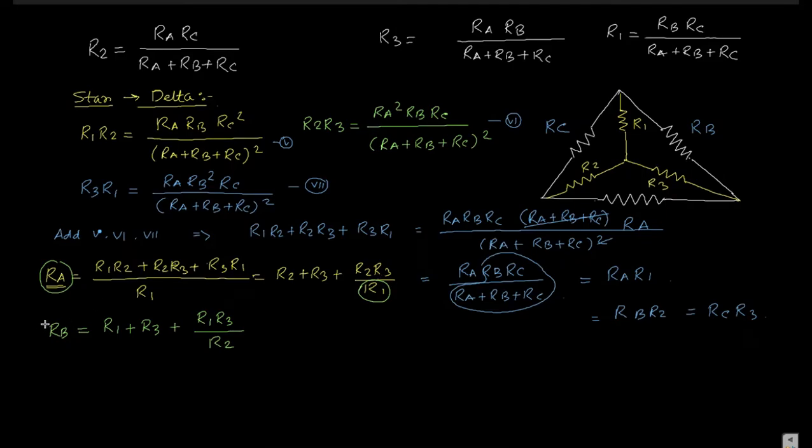So here RB is there, due to that R2 is there. And R3, what is the expression of RC? RC becomes R1 plus R2 plus R1 R2 whole divided by R3. As RC is there, that's why R3 is present over here. This is the star delta transformation which is in your syllabus.